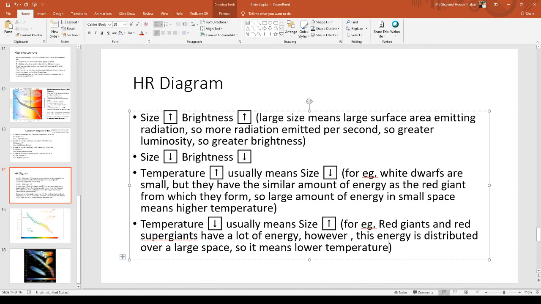But also, this is not always the case. Temperature and size are not always directly related, because temperature also depends on the fusion reactions. Okay, yes, you can write this as a separate point, no problem. But temperature and size are usually related like this, but not always. Okay, these are my explanations, the bracket ones. And these are the facts.